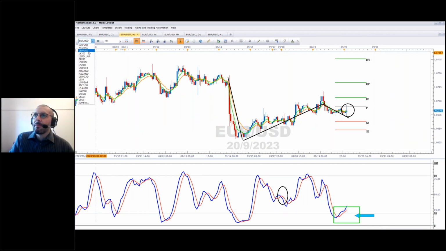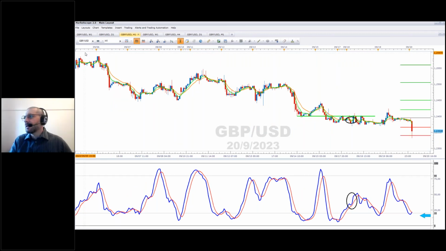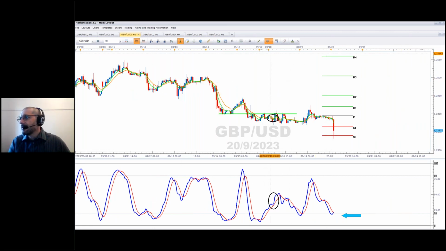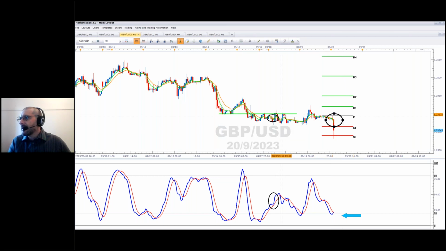Let's take a look at cable. Now, something interesting happened with cable is that the inflation numbers came in softer than expected. Interestingly, the cable pairing has reacted to the downside. Okay, so here's trigger 1, here's trigger 2, and then we just want to see if it hangs out in the lower quintile.